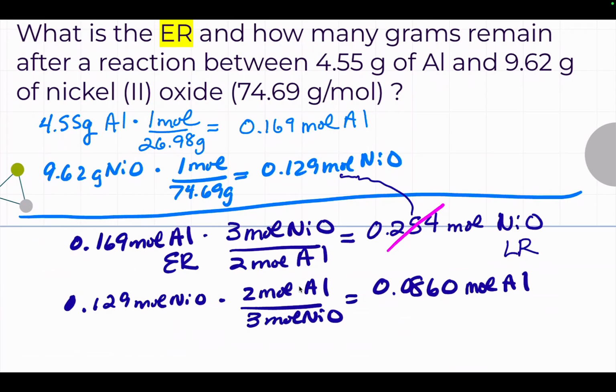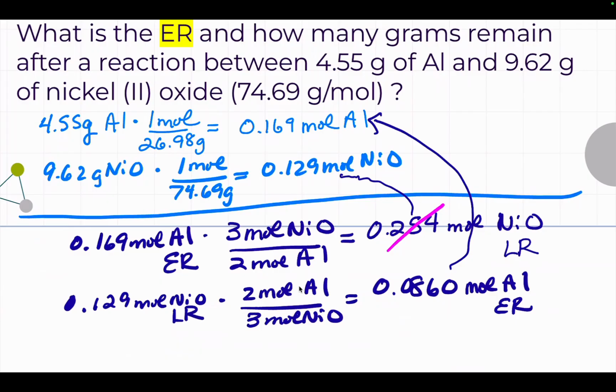It's saying if I'm going to react all 0.129 moles of nickel(II) oxide, I'm also going to use up 0.0860 moles of aluminum. And you can see that I have plenty of that. So that is my excess reactant. This is my limiting for both of these.